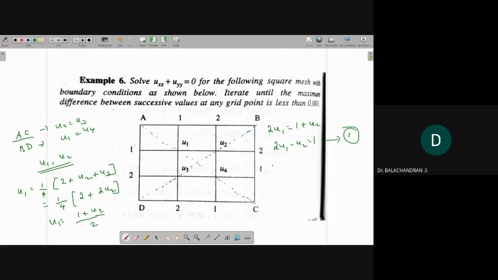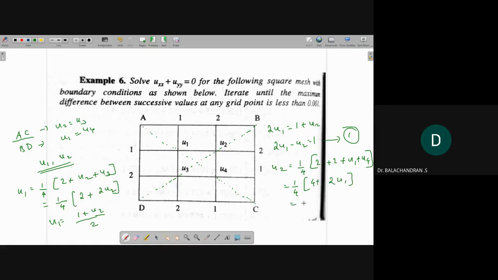Similarly, I need to find u2. So u2 equal to 1 by 4, 2 plus 2, 4, plus u1 plus u4. Okay, so this is equal to 1 by 4, 2 plus 2, 4, plus u1, and we know u1 equal to u4, so that is 2u1.